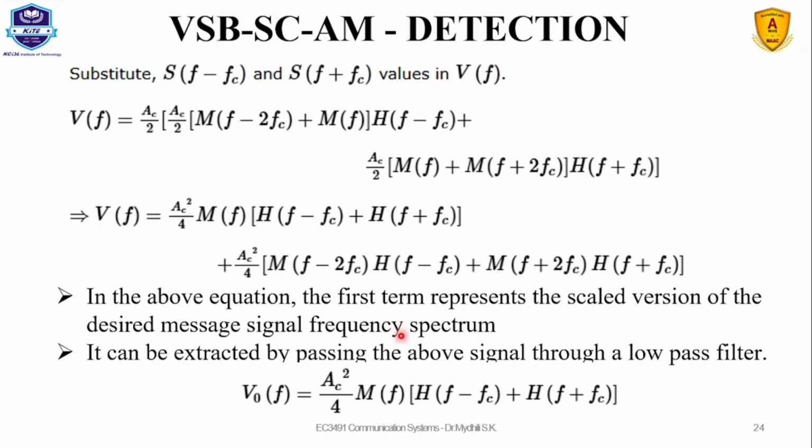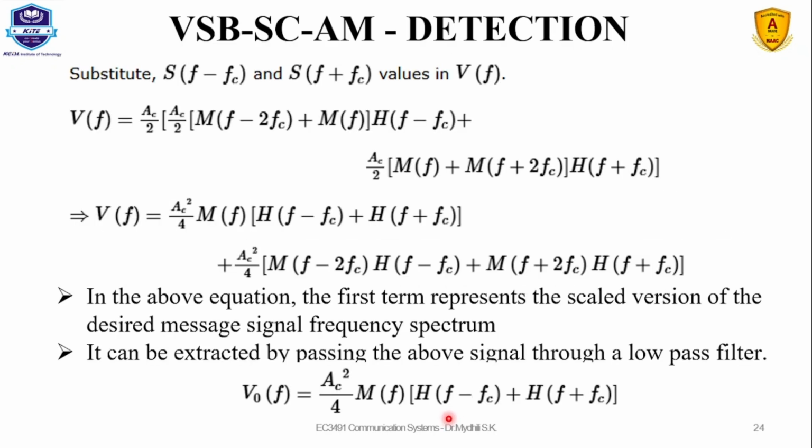So we pass this signal through the low pass filter, suppressing all the unwanted components and getting only the message signal. After the low pass filter, we get an output which is the desired component of an upper sideband with a suppressed lower sideband.